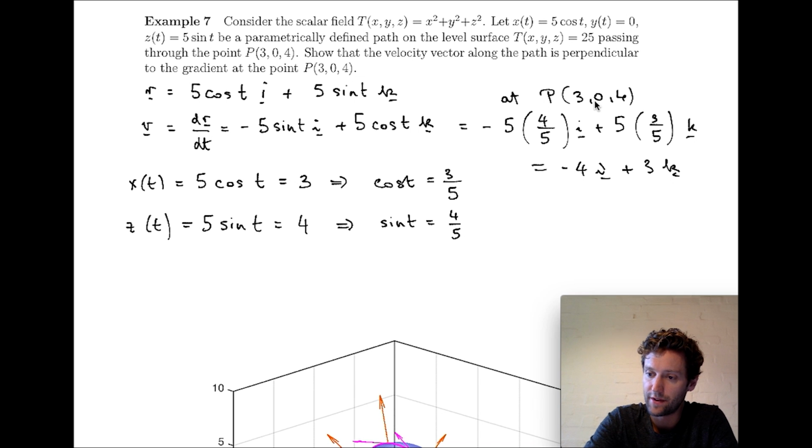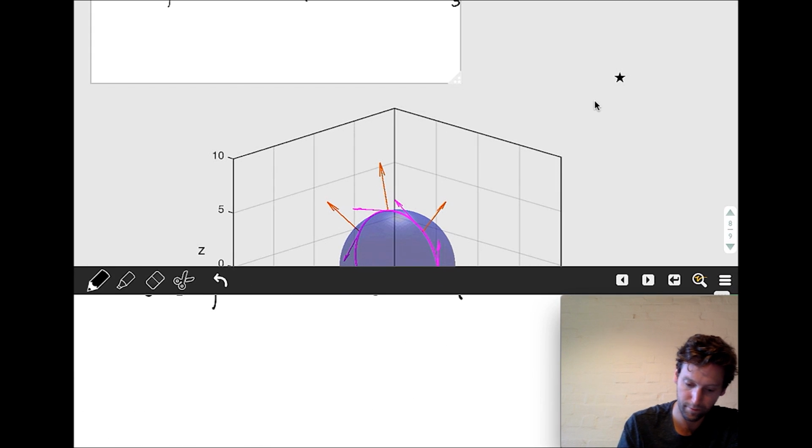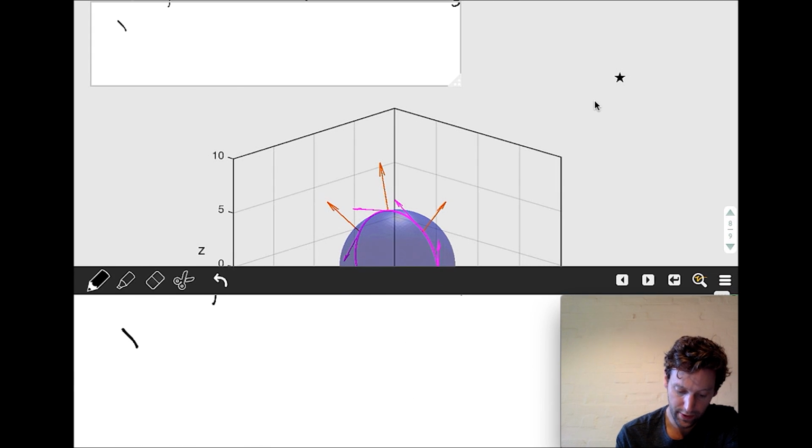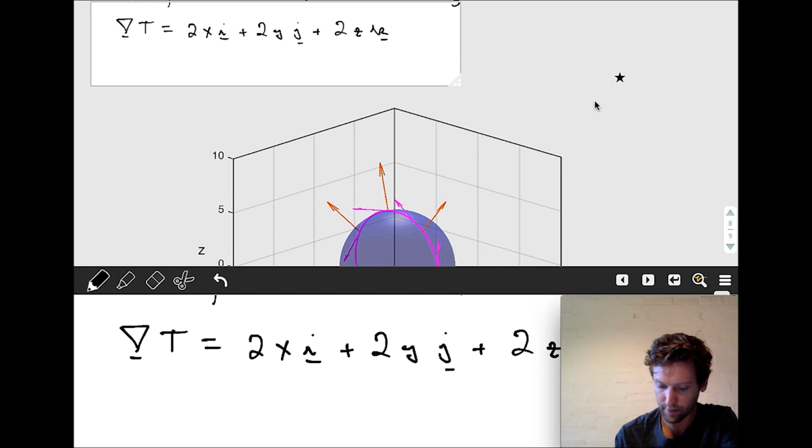Now let's calculate the gradient. So my gradient of T is equal to, T was x squared plus y squared plus z squared, so I've got 2x i vector plus 2y j vector plus 2z k vector.